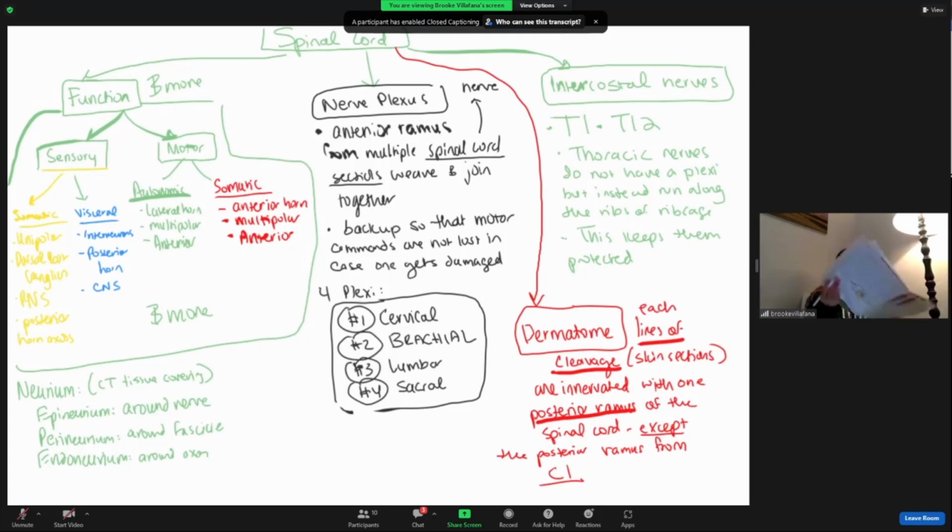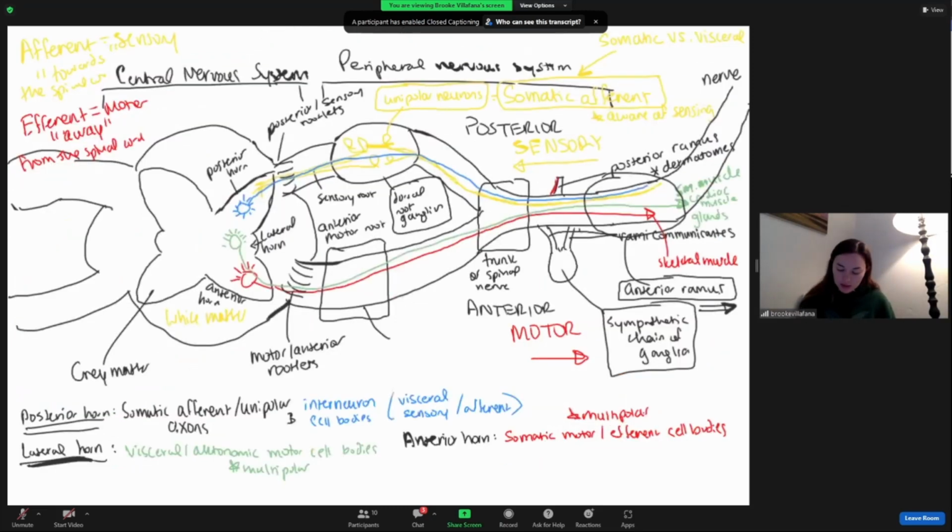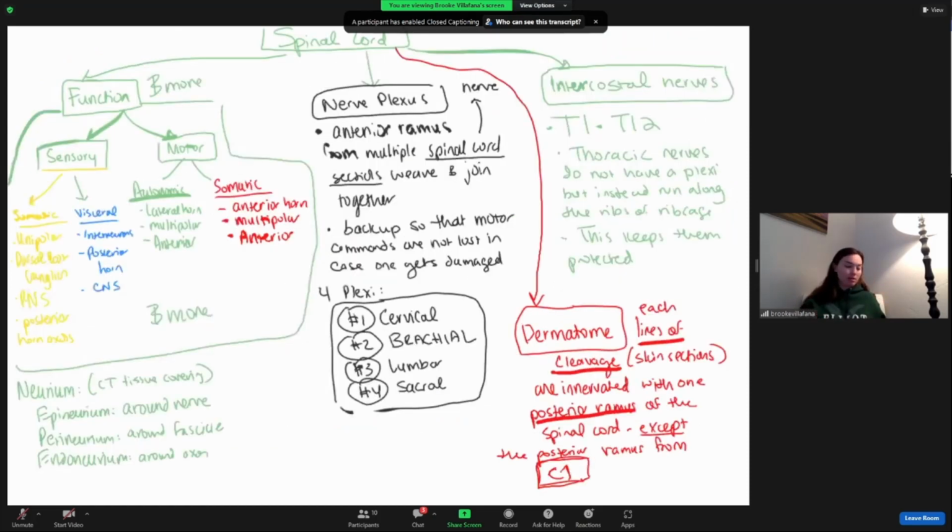It'll definitely be a test question. C1 is not one of the posterior ramus. Going back to the diagram, this is the posterior ramus right here. So they're going to the dermatomes, which are lines of cleavage, but not C1. Every posterior ramus goes and supplies a line of cleavage, except the posterior ramus on C1.